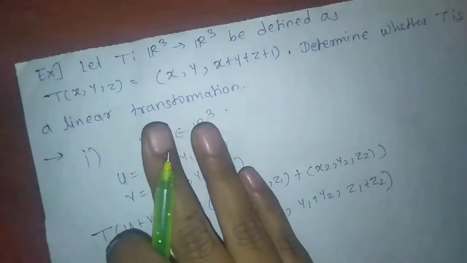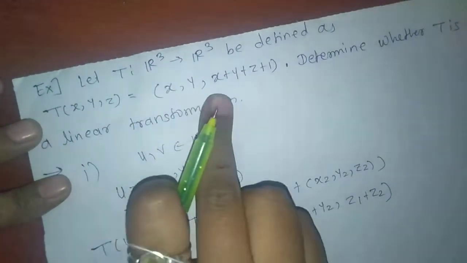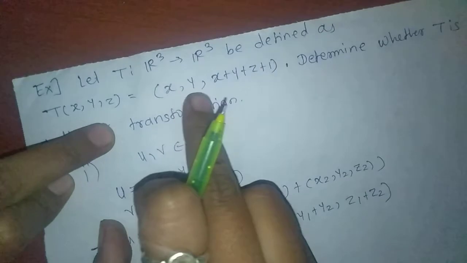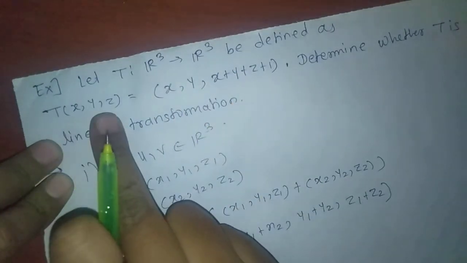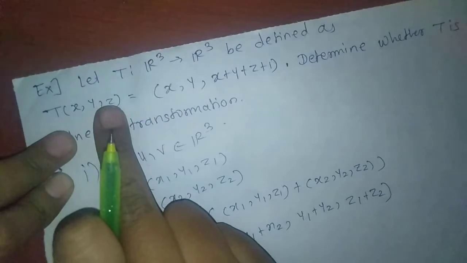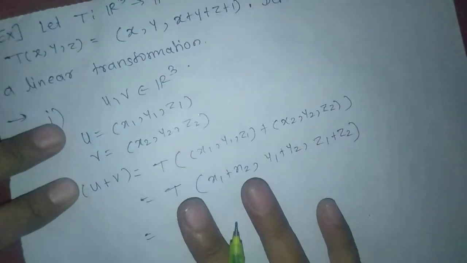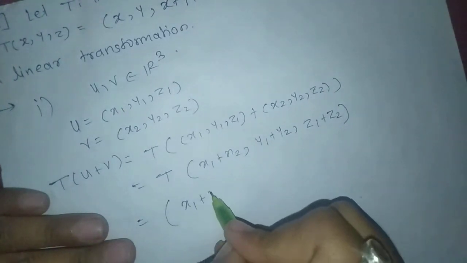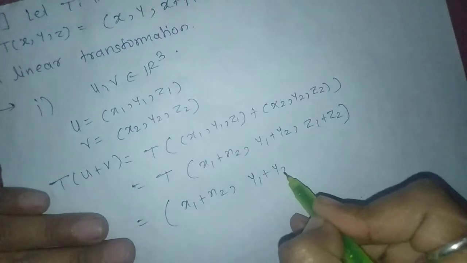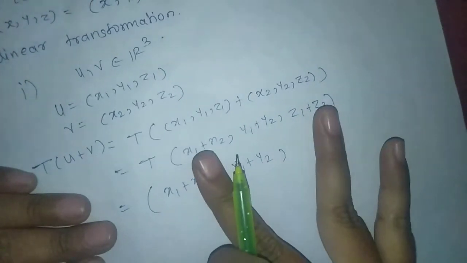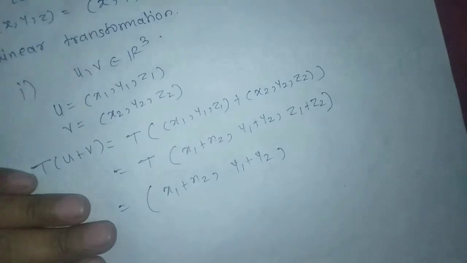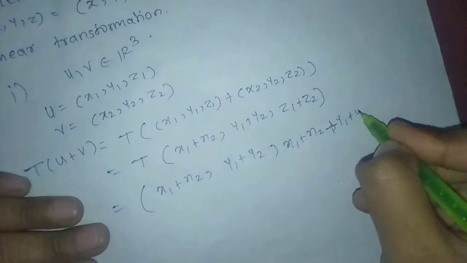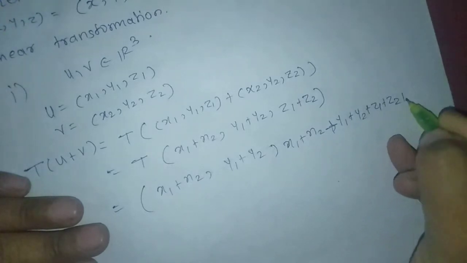Now here T is defined as T of xyz equal to x, y, x plus y plus z plus 1, means first element as it is, second element as it is, and third element is the addition of these three elements plus 1. So when we apply T on this, we get first element as it is, second element also as it is, and third element is the addition of these three elements plus 1, means x1 plus x2, y1 plus y2, z1 plus z2 plus 1.